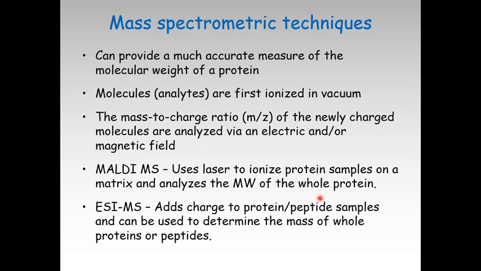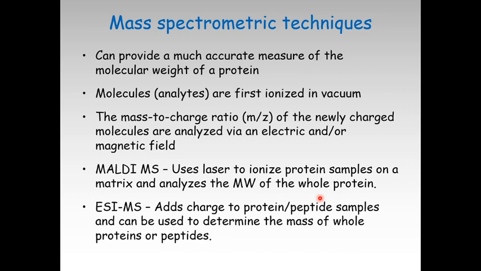That's the key word here. MALDI MS can determine the whole mass of a protein. For example, if your protein's molecular weight is 50 kilodaltons, or 50,000 daltons, MALDI is a useful technique to identify it. However, MALDI cannot determine various different charge states.